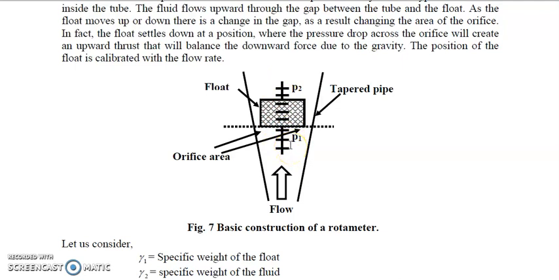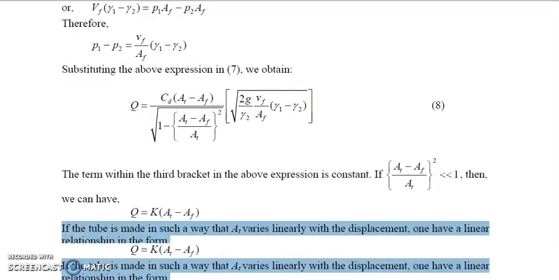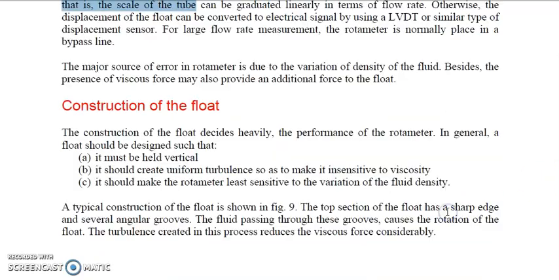Okay, so for the observer it is very easy to take the reading of the flow, which is this linear displacement value calibrated in terms of liquid flow or fluid flow. So this has become very simple, very easy to understand.